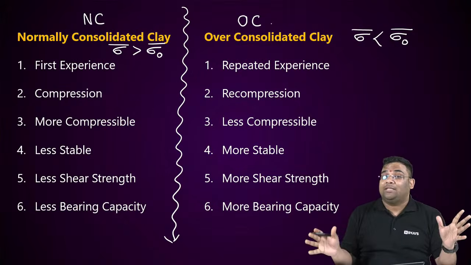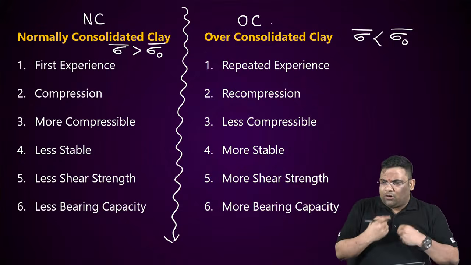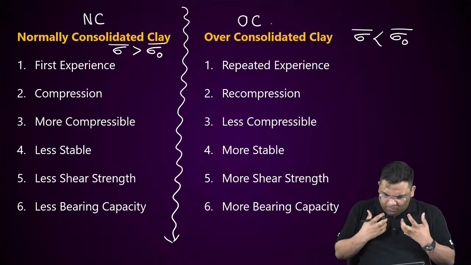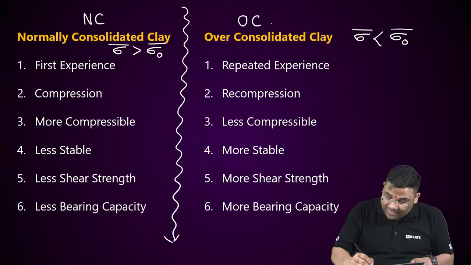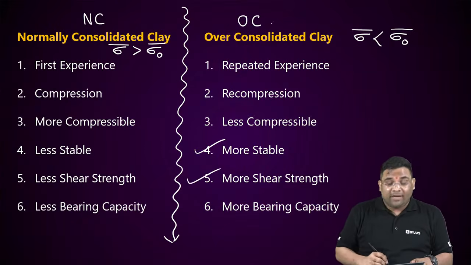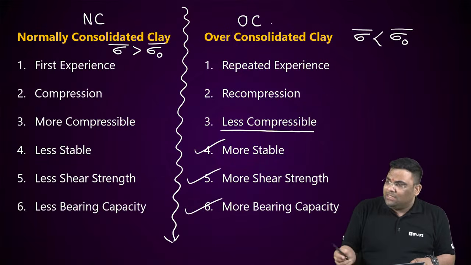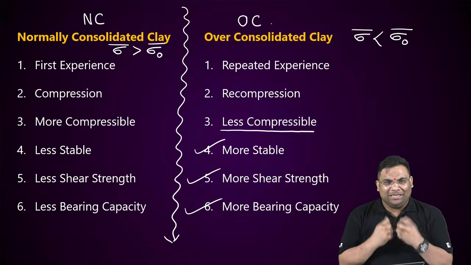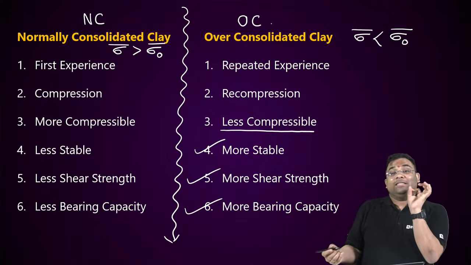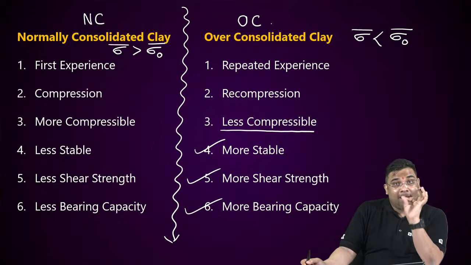Yes, you can answer very easily. Just remember, OC has more strength. So I can say more stability, more shear strength, more bearing capacity, but less compressible. If something has more strength, it will be less compressible, right? So all these theoretical questions can be asked in the examinations and you should be absolutely clear about this.